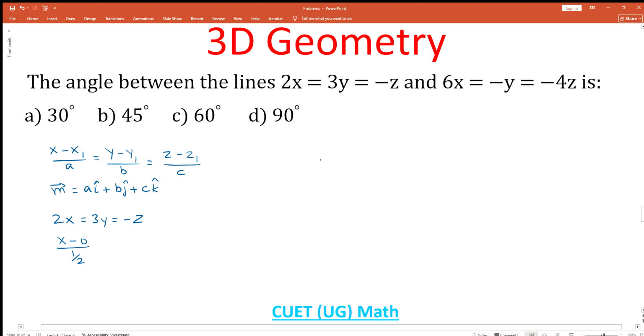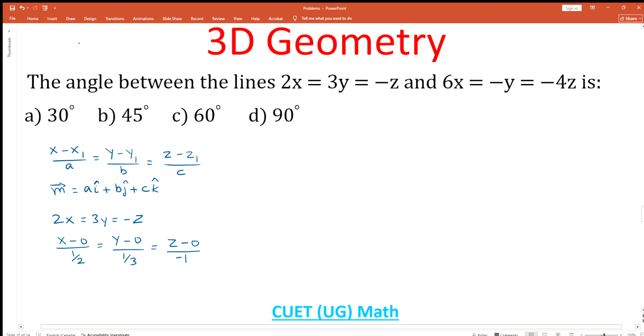So we have to move the 2 with the x and change it to a fraction in the denominator. So 2 changed to 1 over 2. Similarly, for 3y, we do y minus 0 over 1 over 3. And for z, we do z minus 0 over negative 1. This is the equation of the first line in Cartesian or symmetric form.